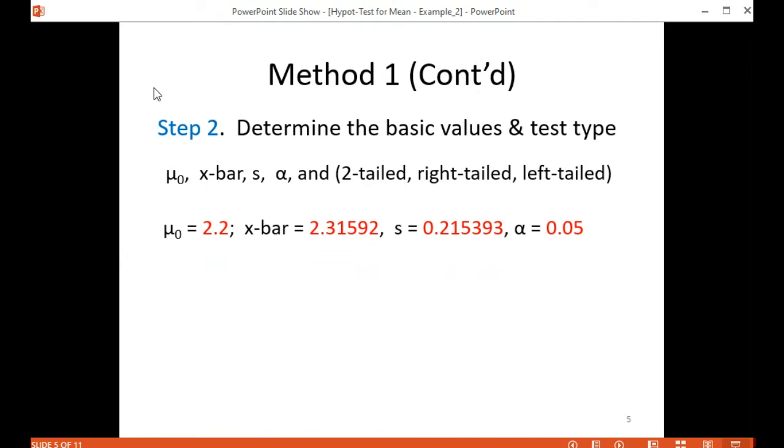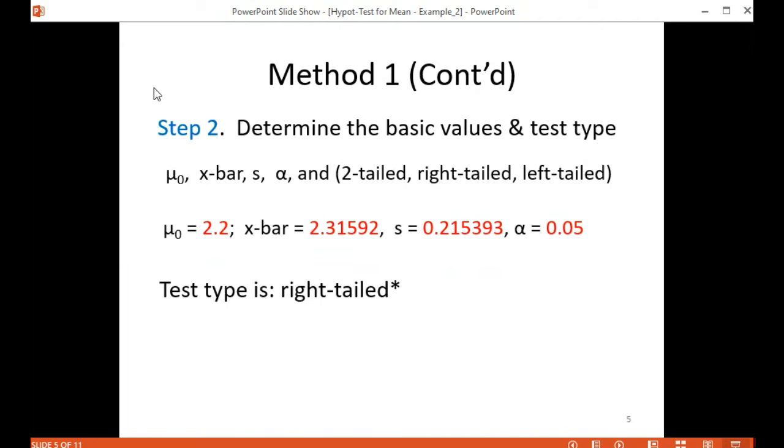The fact that they have given you all these places for the X bar and the S means that you have to work in this many places, because later on it's going to ask you to round maybe to 4 or 5 places. To round to 4 places, you have to work in 5 all of the time, not some of the time, all of the time. Otherwise, your answer will be off.